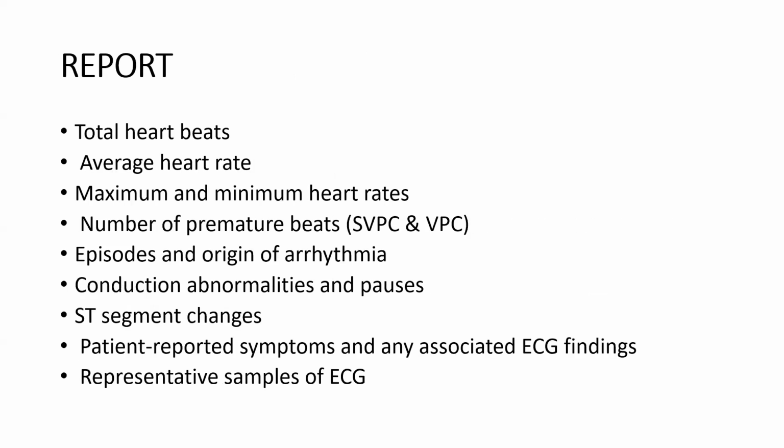So on the machine there is a button called the event mark. This usually helps. The patient is given an instruction to press the event mark on the machine, so as to annotate when the arrhythmia or the event occurs.